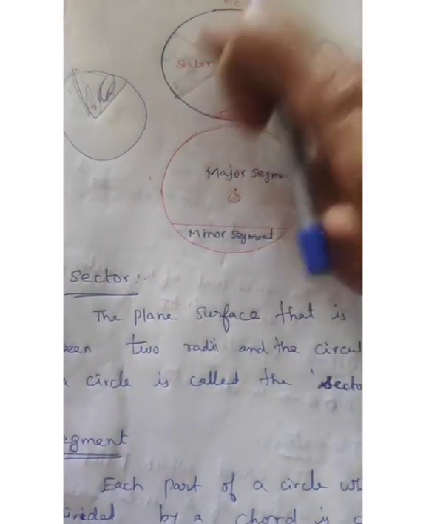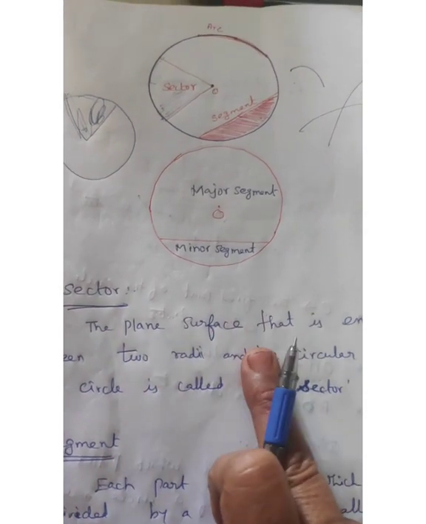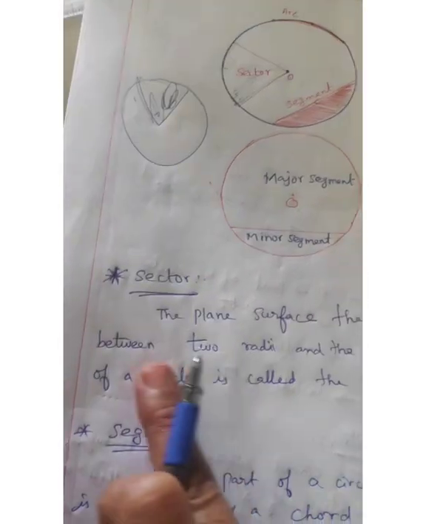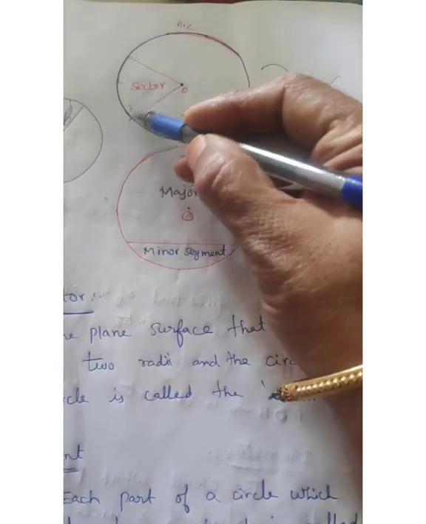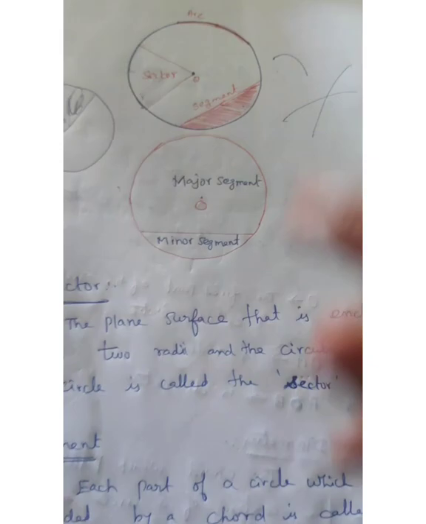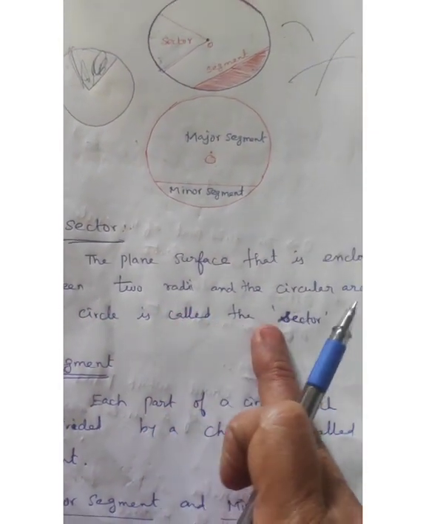Sector: what is the meaning of sector? A plane surface that is enclosed between two radii and the circular arc of a circle is called the sector.